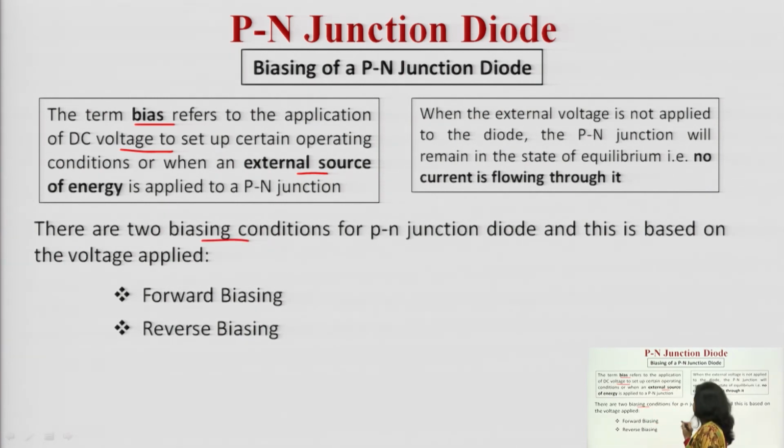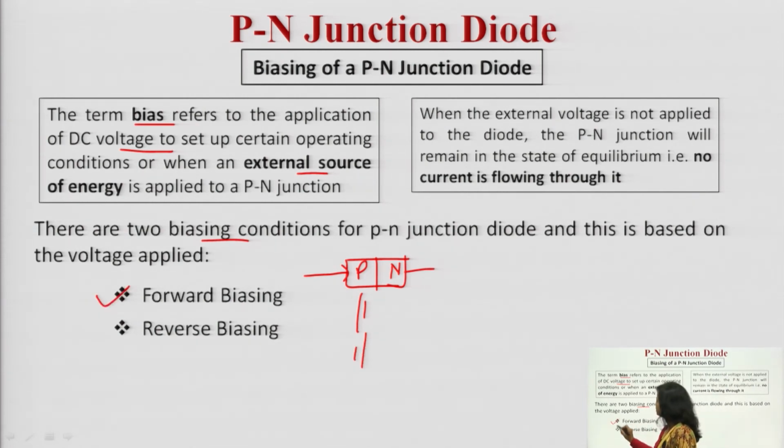Since you have the diode in this manner, this is a PN junction diode, this is P, this is N. So the battery can be connected in two ways, positive-negative or negative-positive. Accordingly, there are two possibilities of biasing: one is forward biasing and the other is reverse biasing. So you have to study these two types of biasing situations as well, right?